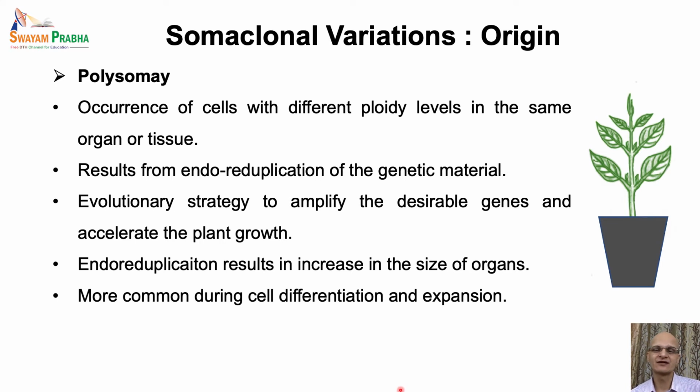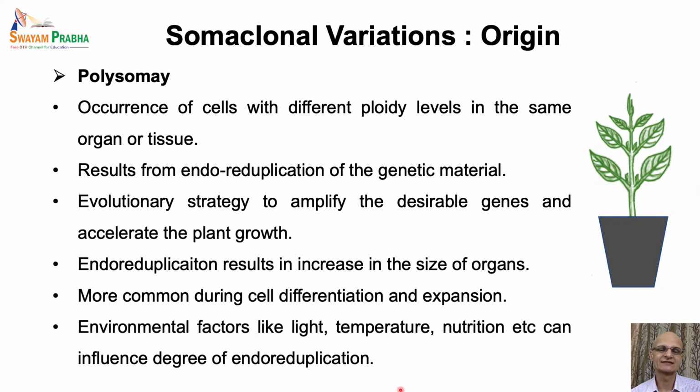Endoreduplication events are more common during the cell differentiation process or cell expansion, and specifically its occurrence is higher in highly specialized cells. It is still not clear whether endoreduplication is genetically programmed or just a consequence of differentiation and environmental stimulation.